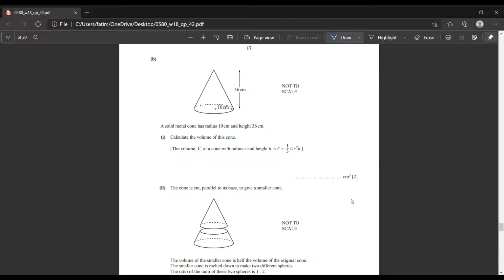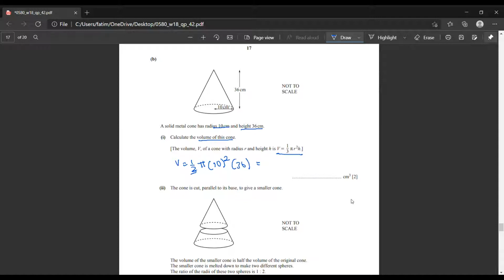We're given that this metal cone has a radius of 10 and a height of 36, and we have to calculate the volume. The volume of the cone is given to us. So we just have to substitute the values: 1 by 3 pi r squared h, where r is 10 and h is 36.